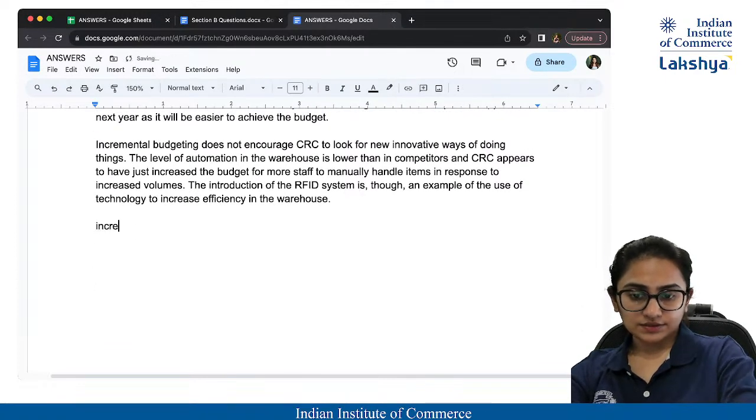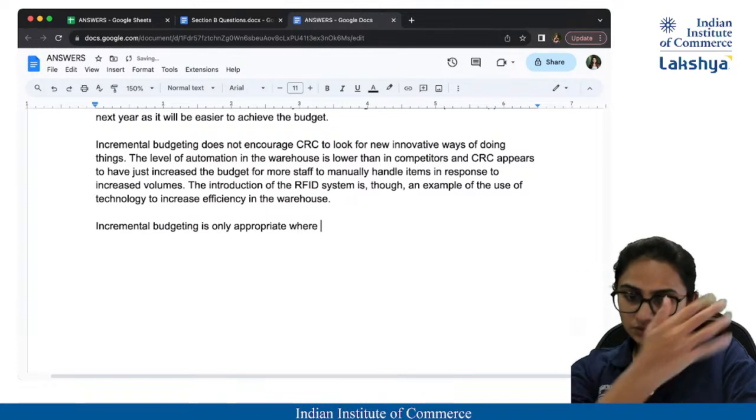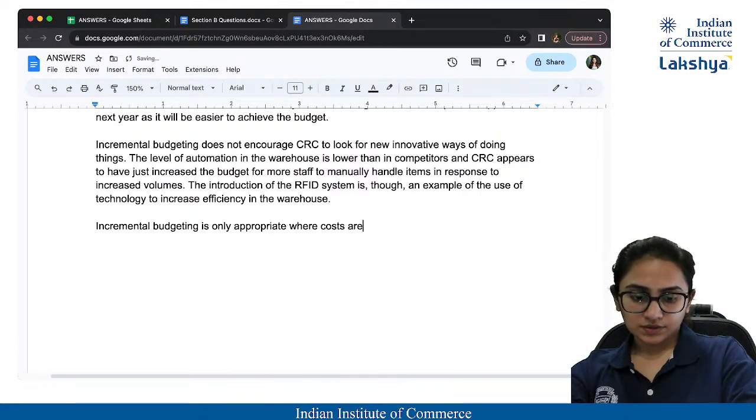Then last, incremental budgeting is only appropriate if costs are already well controlled and operations are efficient.